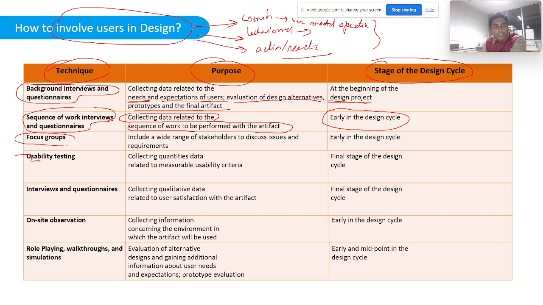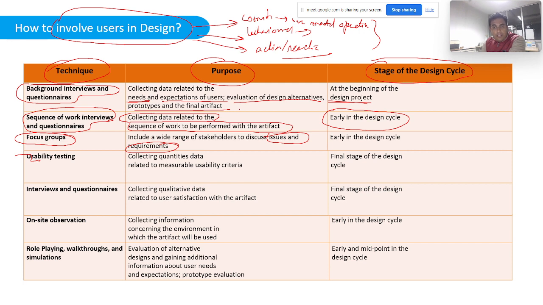Then focus group. A focus group is a group discussion where you invite or connect with stakeholders and experts within the system and then discuss with them the various issues and requirements. This is very similar to getting expert opinion on the set of requirements that you have already figured out via your primary study.